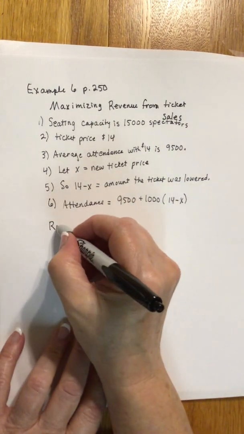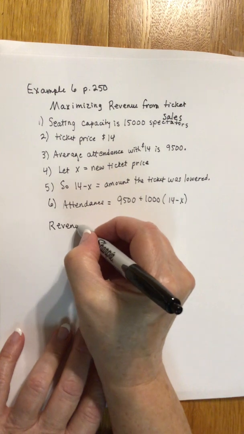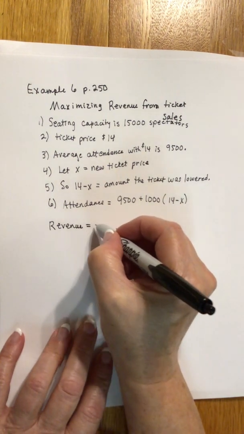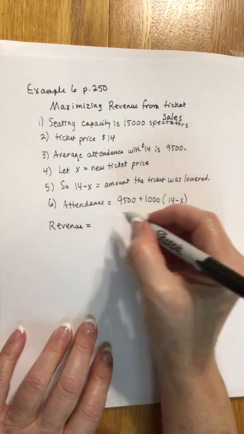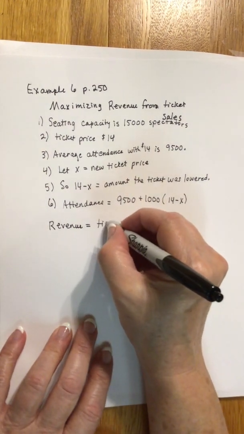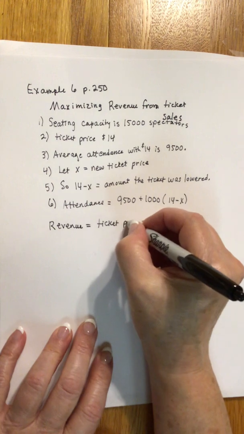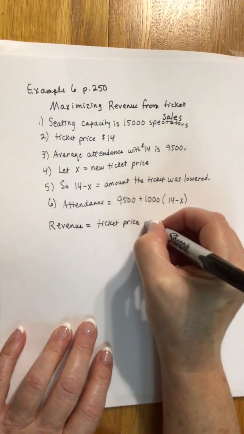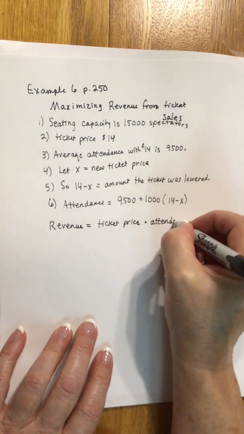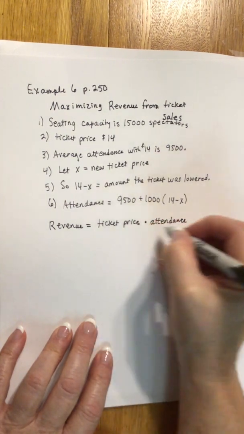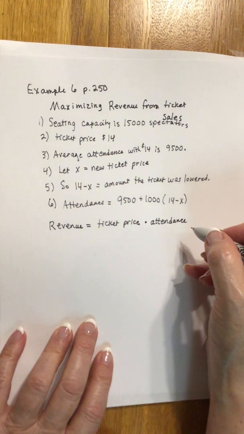Now, it says maximizing revenue. So what does it mean to be revenue? Revenue is just the amount of money that's coming in, right? So that's going to be the ticket price times however many people come, right? Attendance. So that would be money coming to you, right? People buy the tickets, they give you the money.